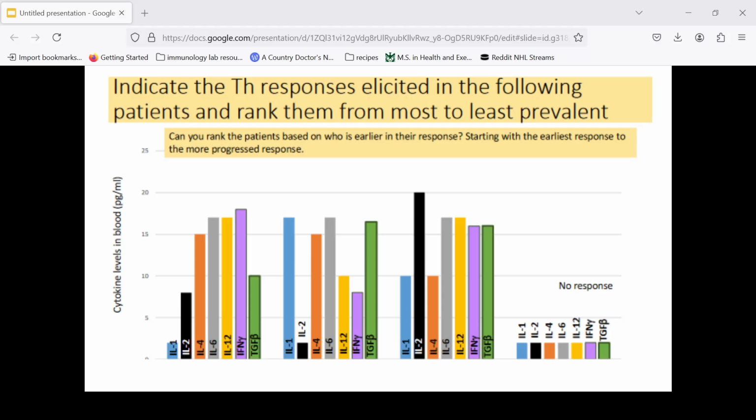Either way, the level at which our TGF-beta cap is set is way below halfway, which means we have more Treg than we have Th17. Which means that when we rank what we have, Th1 first, and then we have Treg, and then hypothetically, possibly, we have Th17, but we're going to say no because it's so close to that baseline.